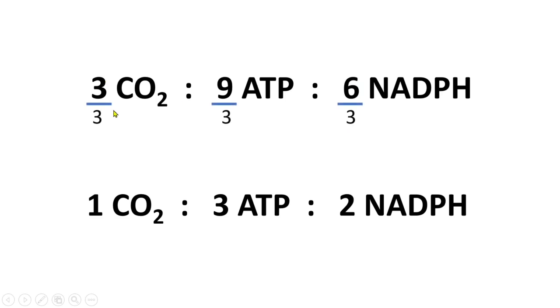If you divide it by 3, you will have 1 carbon dioxide, 3 ATP, and 2 NADPH. So this is the ratio that you have to take note of. So for the question, for every carbon dioxide, you will use in the Calvin cycle 3 ATP and 2 NADPH. These are very important for the computations that we'll be needing for this portion.